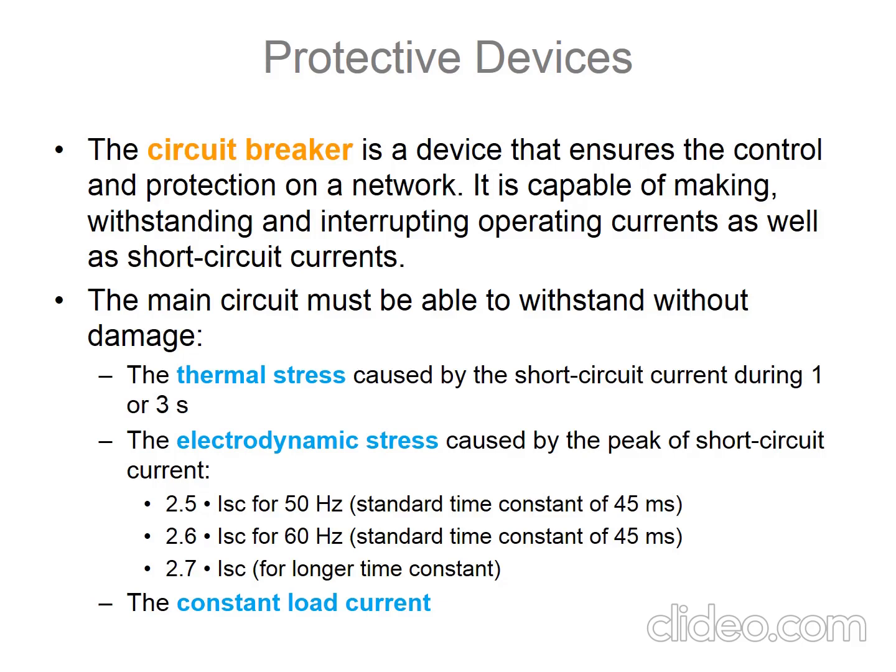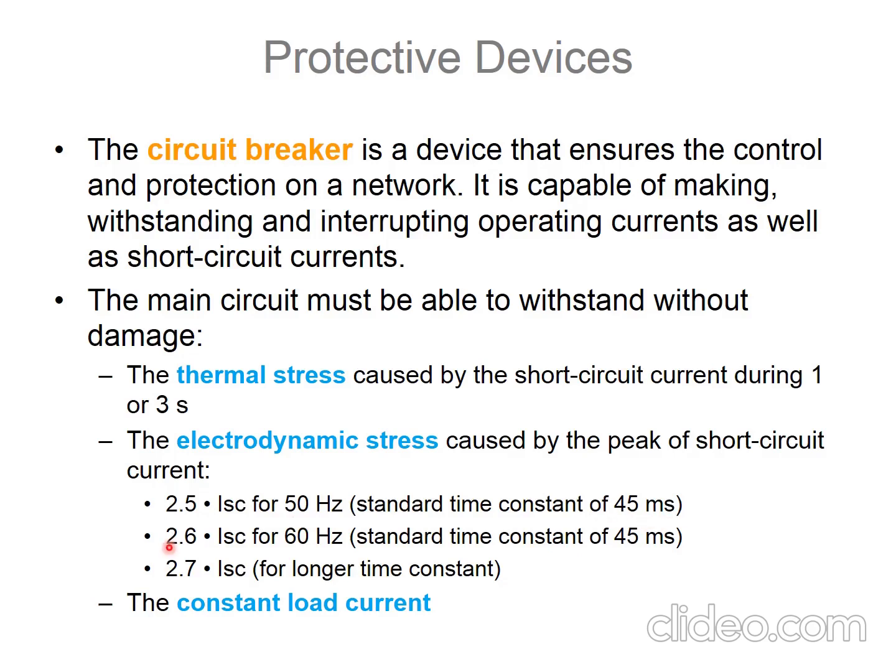Okay, the main circuit must be able to withstand without damage, the first one, the thermal stress caused by the short circuit current during 1 or 3 seconds. And then the electrodynamic stress, this one caused by the peak of short circuit current. Peak of 2.5 times I short circuit for 50 Hz, standard time constant of 45 millisecond.